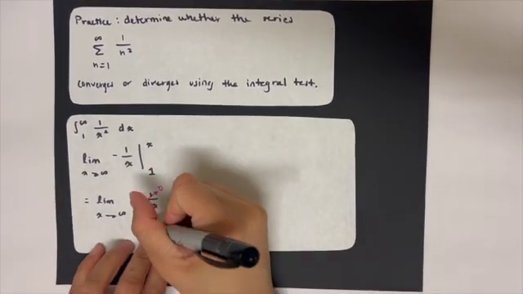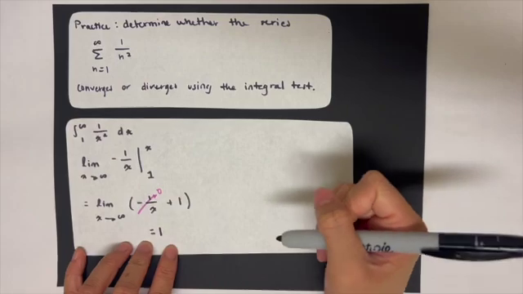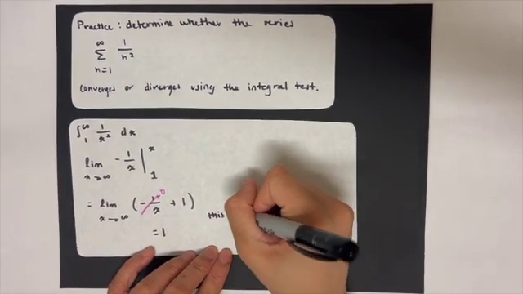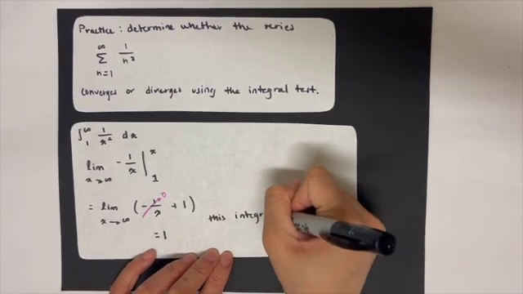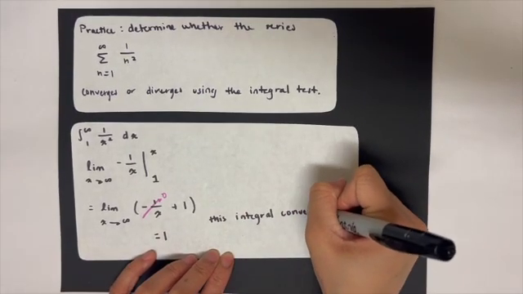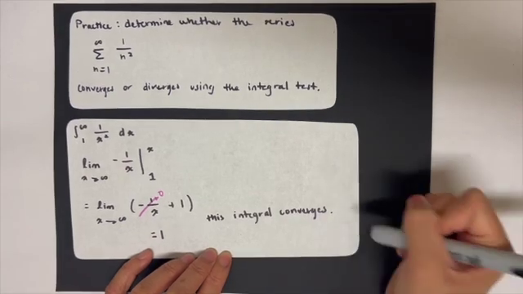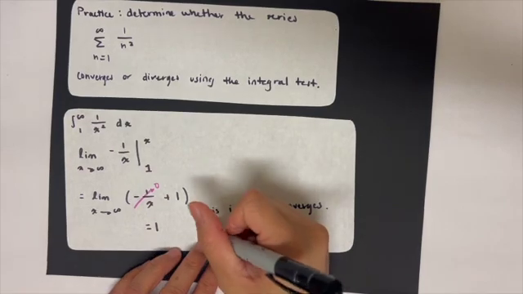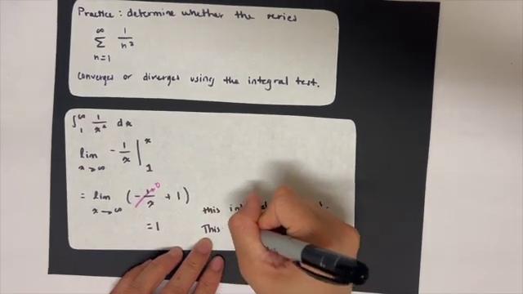So our final answer for this integral is that it equals 1. Because 1 is a finite number, this integral converges. Based off of the integral test, because the integral converges, this series also converges.